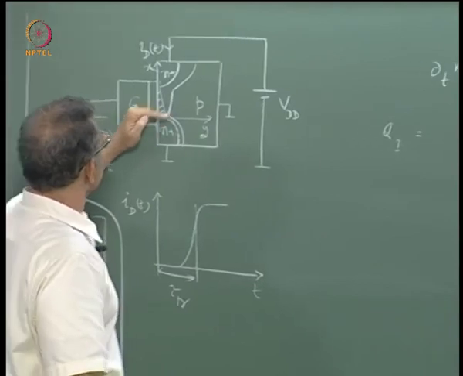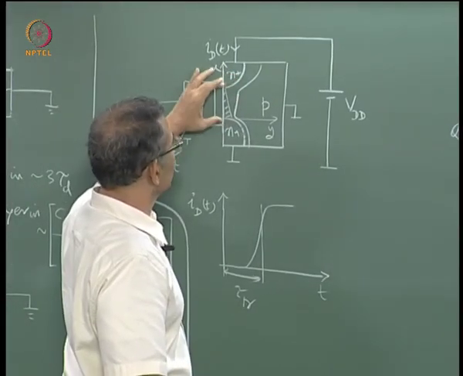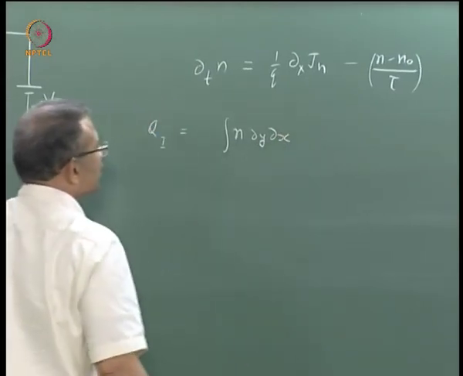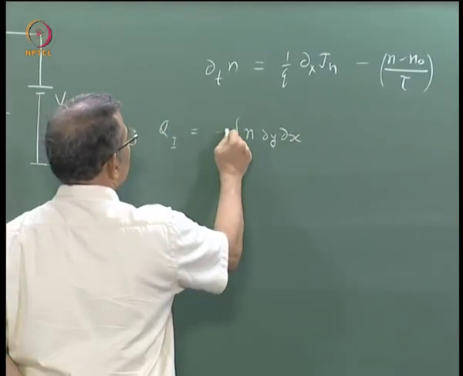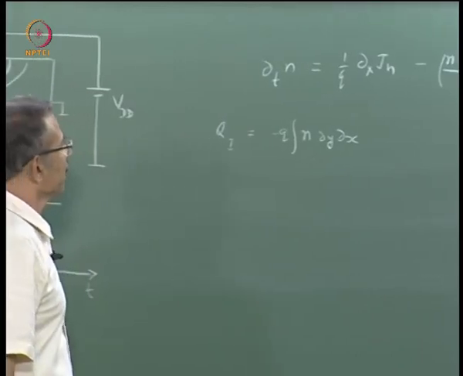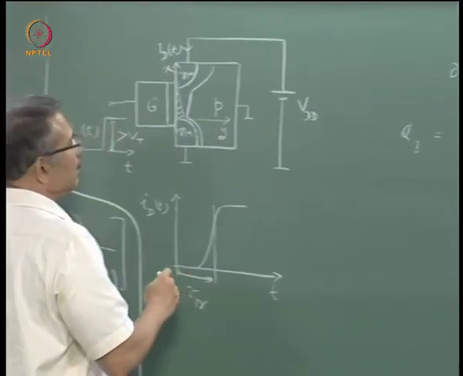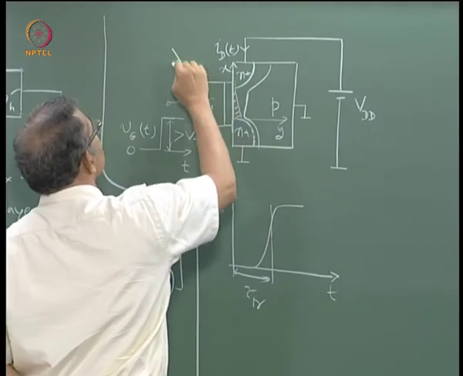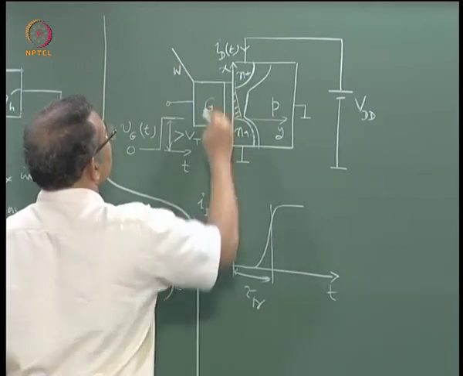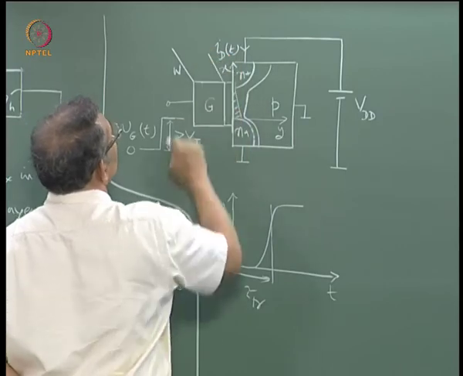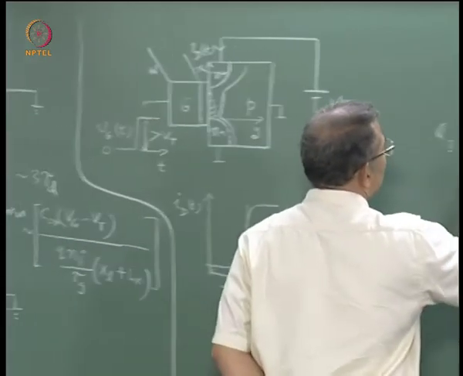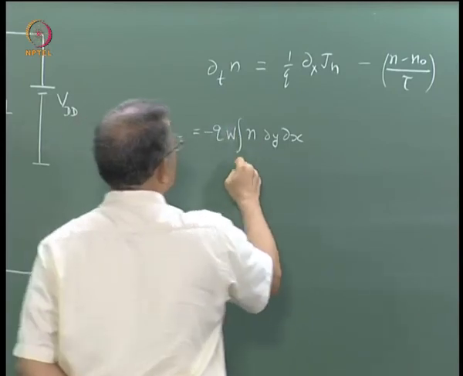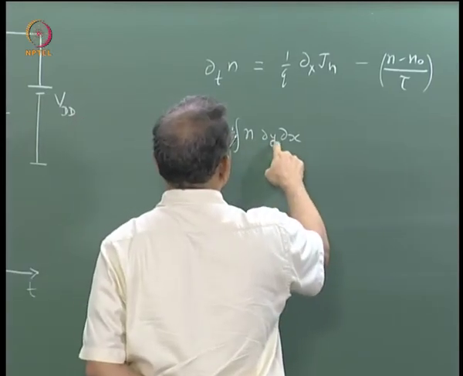Then you should also integrate along this direction, right, because you want the total charge. So dx, and you should multiply by minus q. Then you must also take into account the fact that there is a width direction here, W. So in this direction, that is W. So we have to multiply this whole thing by W. So W dy dx.